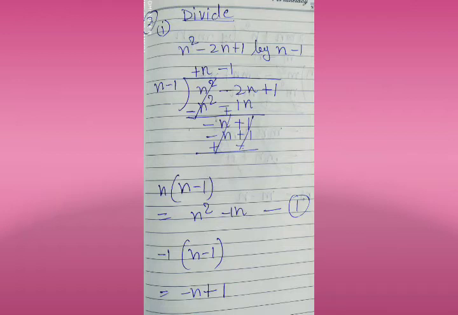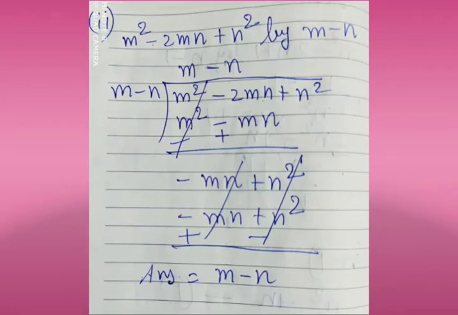So plus 1 will become minus 1 and minus n will become plus n. So now the sign of the first line and the sign of the changed one. Clear? So plus 1 minus 1 cancel, minus n plus n cancel. Clear?